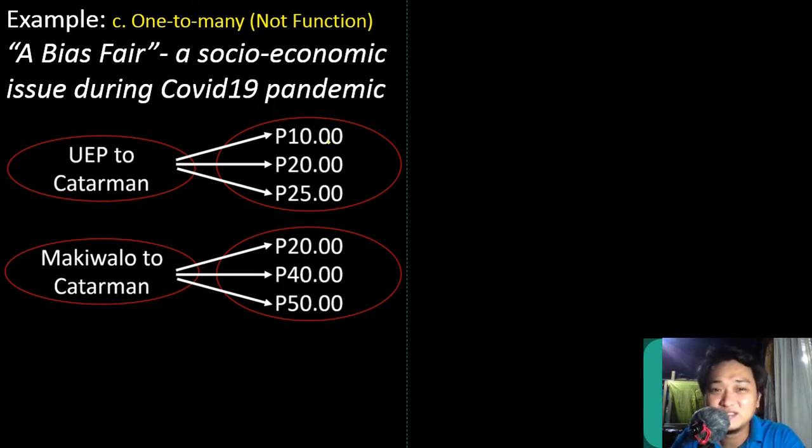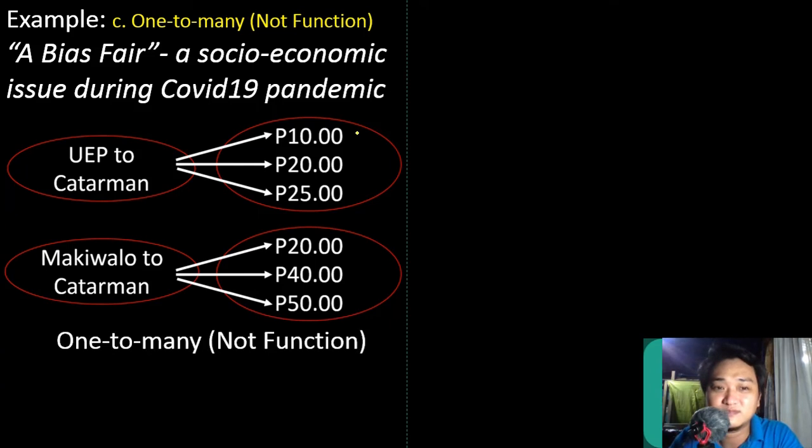So this is a good example na hindi siya function because it makes the data bias. Di po ba? Napansin niyo po, it makes the data bias. It makes the data nonsensible. So this is another type of one-to-many correspondence.